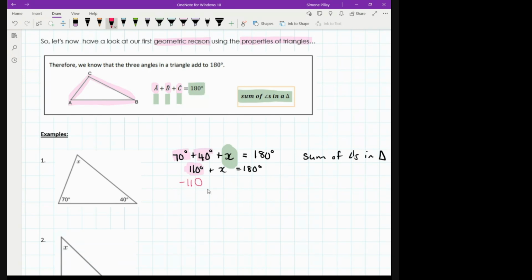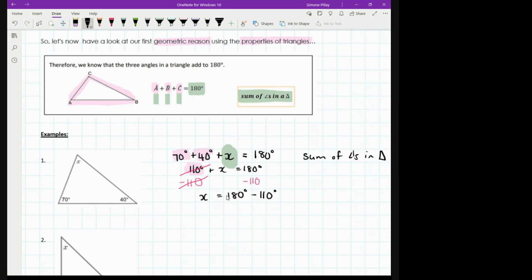But because I minus 110 on this side, I must minus 110 on the other side. The addition of 110 and the subtraction of 110 cancel out, and what I'm left with is x equals 180 degrees minus 110 degrees.